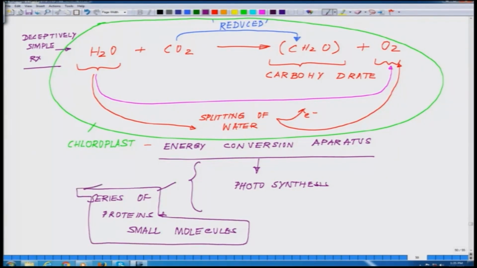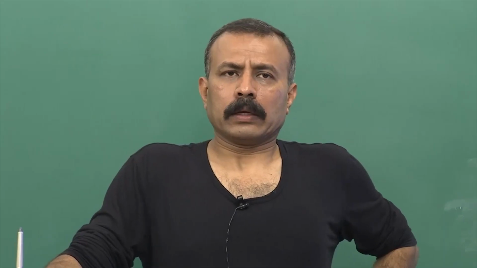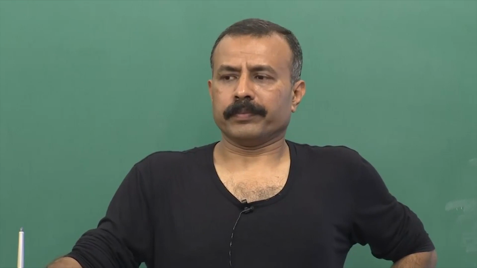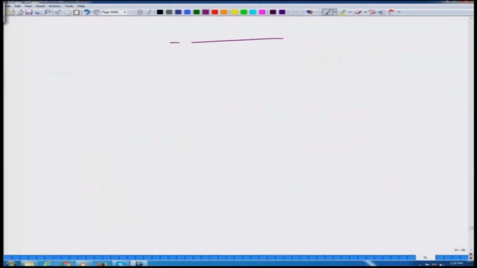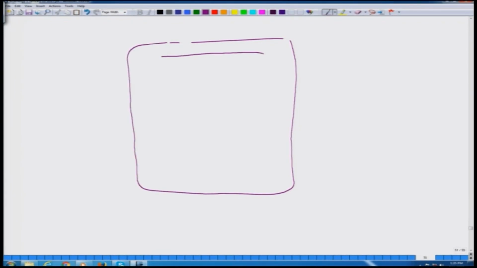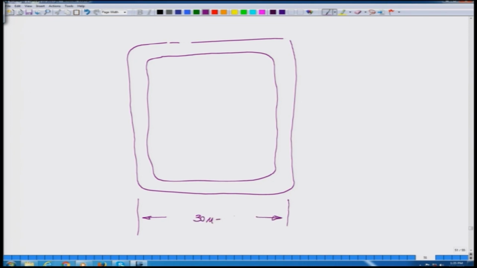Now, if you look at the plant cell, in this hexagonal structure, you have the cell wall like this. The cross section is around 30 to 35 micron.